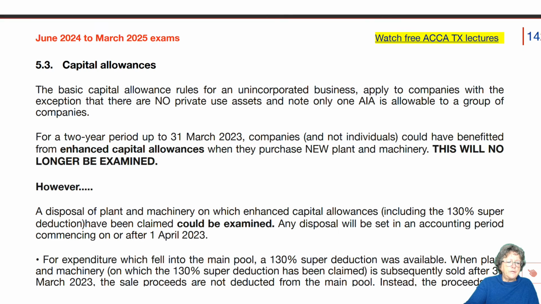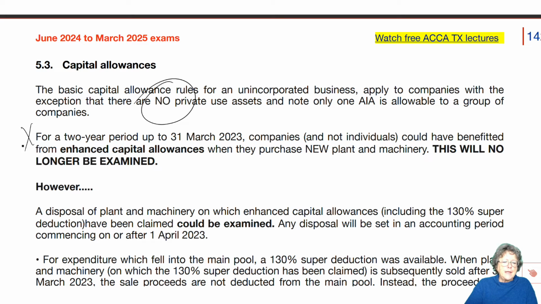Capital allowances. So basically the rules, as I have explained, are already the same, except for the fact that there is no private use. So there is an additional caveat with capital allowances for limited companies. Up to the 31st of March 2023, for 2 years, companies were able to benefit from what was known as an enhanced capital allowance.